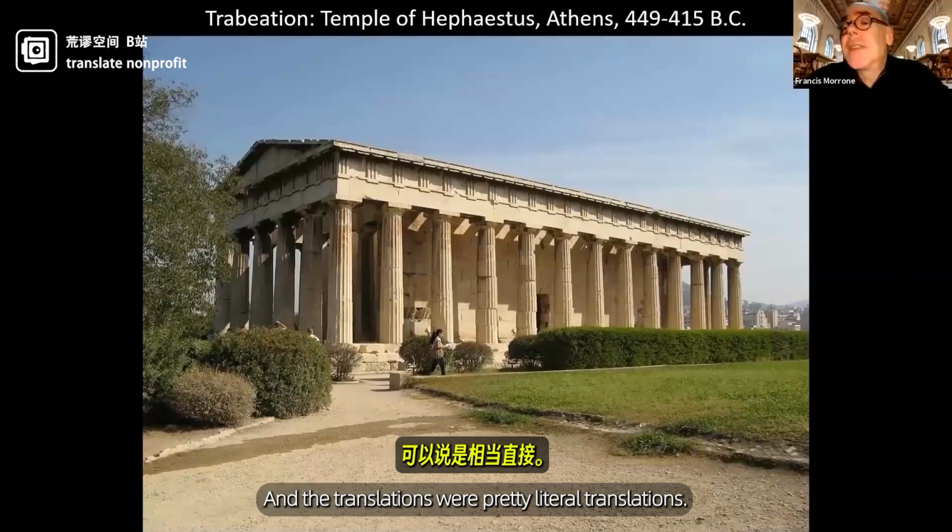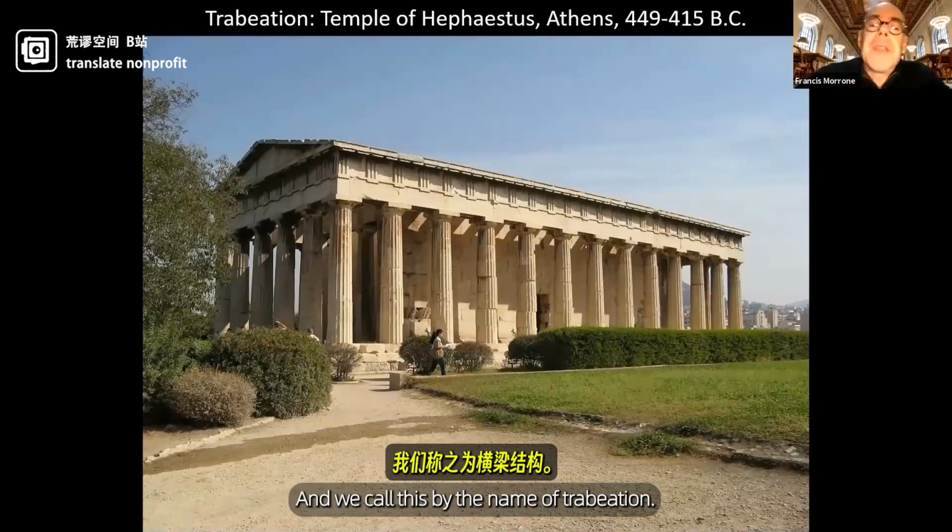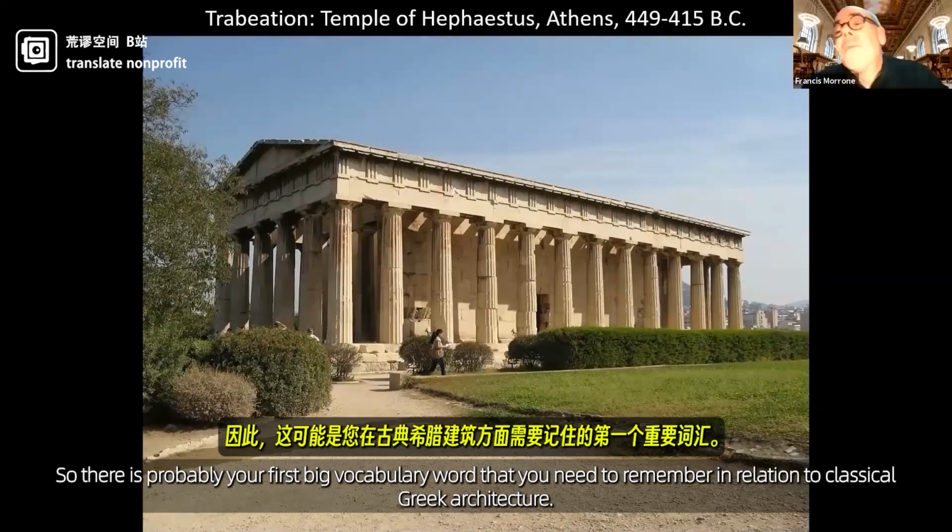And the translations were pretty literal translations. The post and lintel architecture that was suited to wood construction was simply transposed to the new stone idiom. And we call this by the name of trabeation. So there is probably your first big vocabulary word that you need to remember in relation to classical Greek architecture.